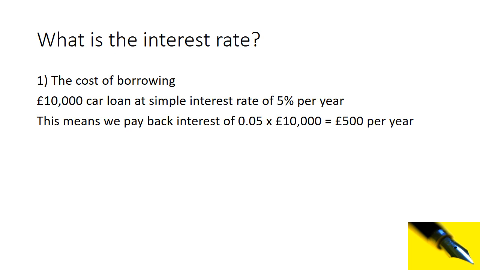So we pay back interest of 0.05 times £10,000, which equals £500 per year. So that's 0.05 times 10,000 or 5 divided by 100 times £10,000. We get the same answer, £500 per year.